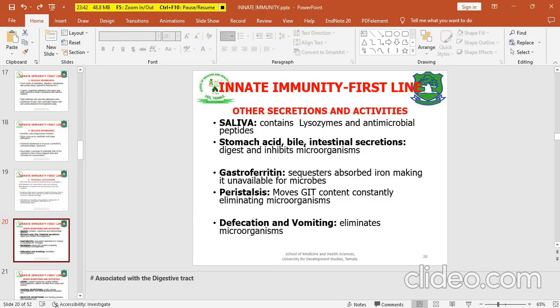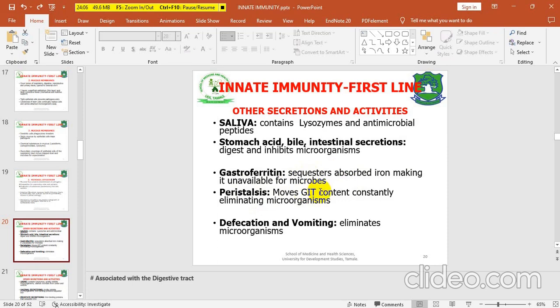So the gastroferrin sequesters and absorbs iron, making it unavailable for microbes. The microbes feed on iron, and they become so strong and they destroy the body. But gastroferrin prevents it. It keeps the iron from them, hides the iron from them.